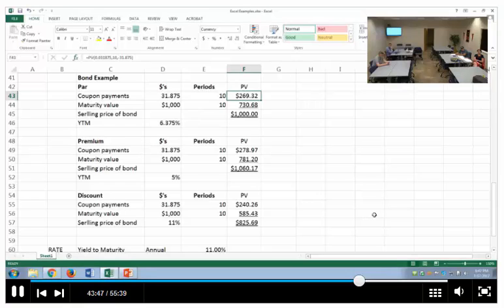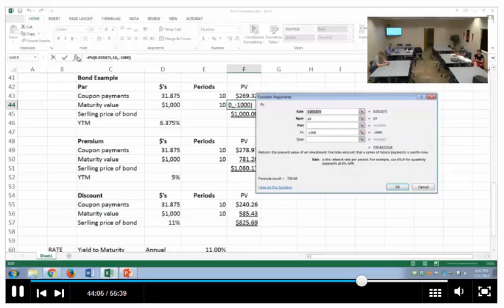Then if I click on present value up here, on the 730.68, now I'm saying the present value of the maturity value, the $1,000 I'm going to get at the end of the bond's life. I put in a negative 1,000, there's my 10 periods, and there's my semi-annual rate.